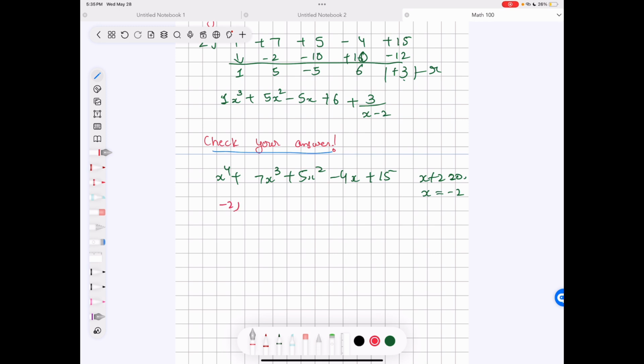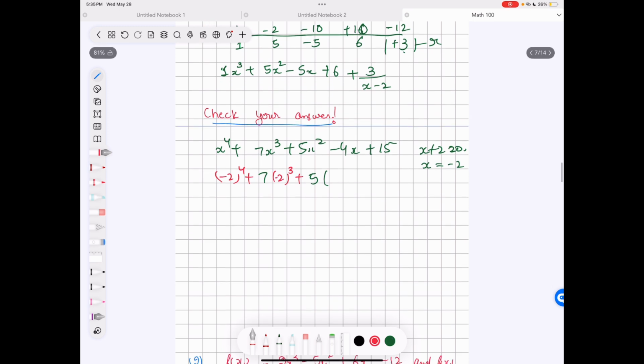So it's gonna be minus 2 to the 4 plus 7, and then minus 2 to the power 3, and then we have plus 5, and then we have minus 2 to the power 2 again, and then we have minus 4, and then we're gonna plug minus 2 again, and then plus we have 15.